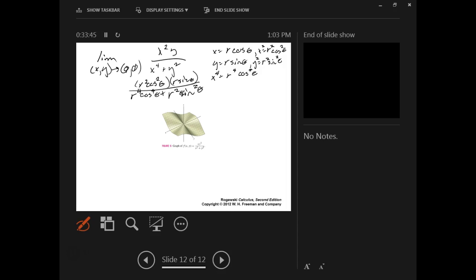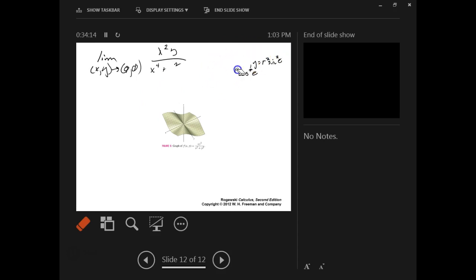So they use that separate approach, y equals mx, because you don't get something unambiguous with this one. You get something that could be very ambiguous.